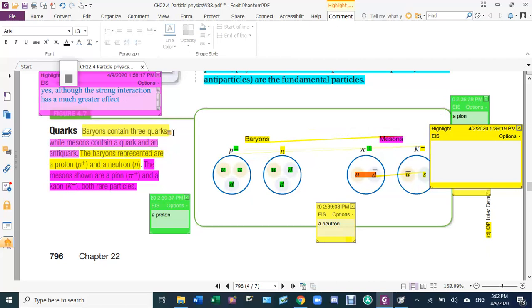Baryons contain 3 quarks, as we know, while mesons contain a quark and an antiquark. The baryons represented are a proton and a neutron. The mesons shown are a pion and a kaon, K negative. Both are particles.